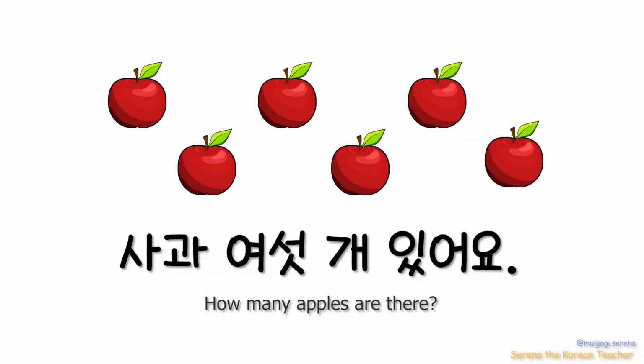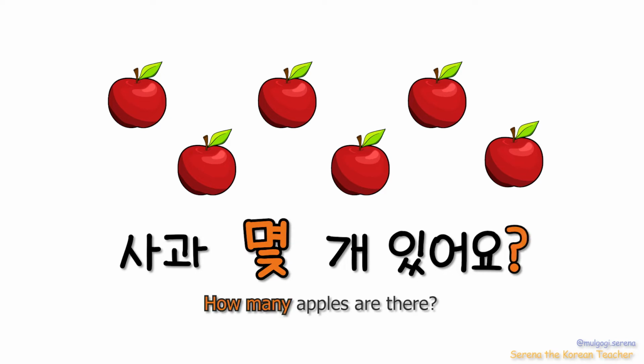How many apples are there? In Korean will be? Very simple. Just erase the number. And we don't know the number yet. Put 몇 instead. So, 사과 몇 개 있어요? 사과 몇 개 있어요?